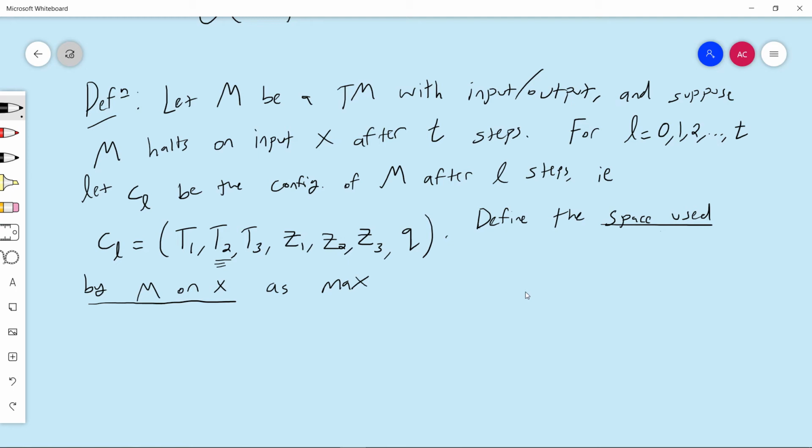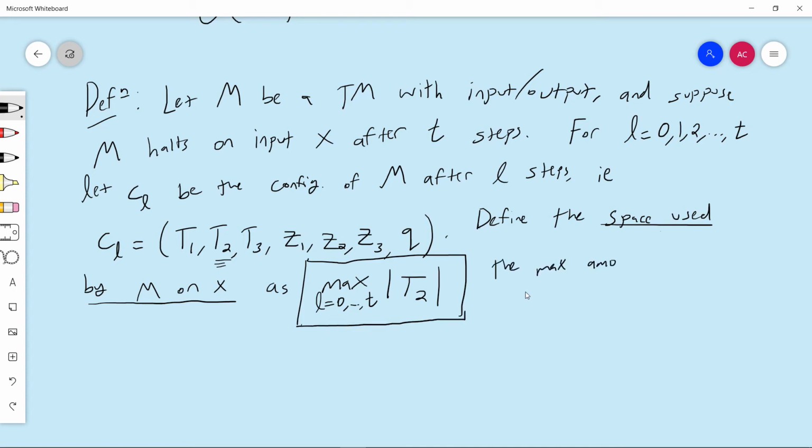I might erase everything, but God remembers. So it's the maximum for L equals 0 up to t of the length of T2. It's the most tape that I use at any point in the computation. So that's the definition of the space used.